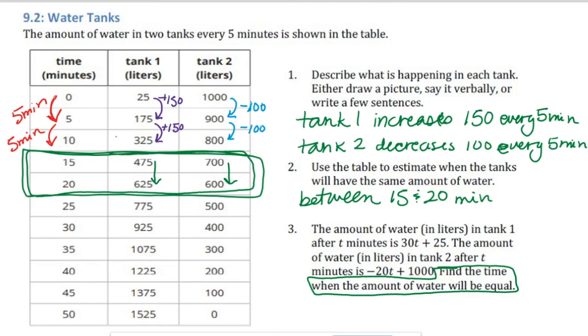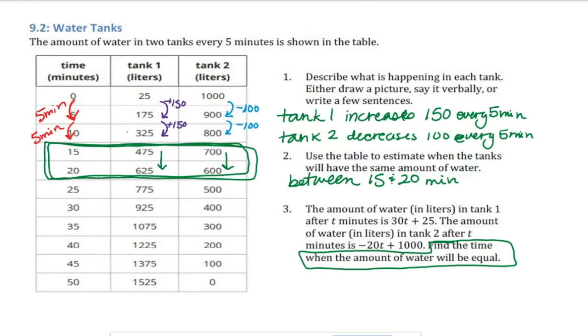Okay, so now let's take a look at the equations that they came up with. So for our tank number 1, the equation they give is 30T plus 25. I'm going to write that under tank 1 just so that we can kind of see what's happening in these equations.